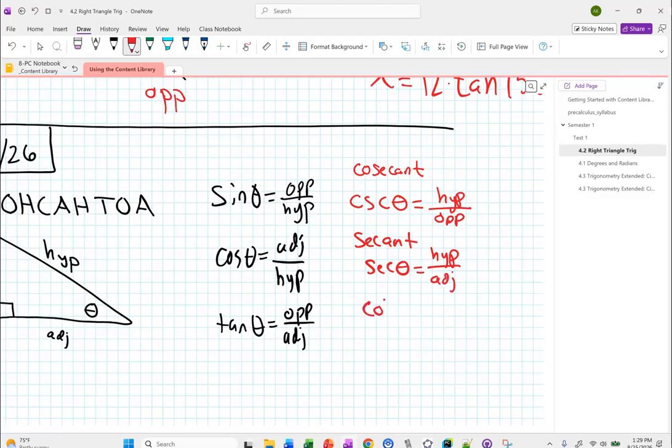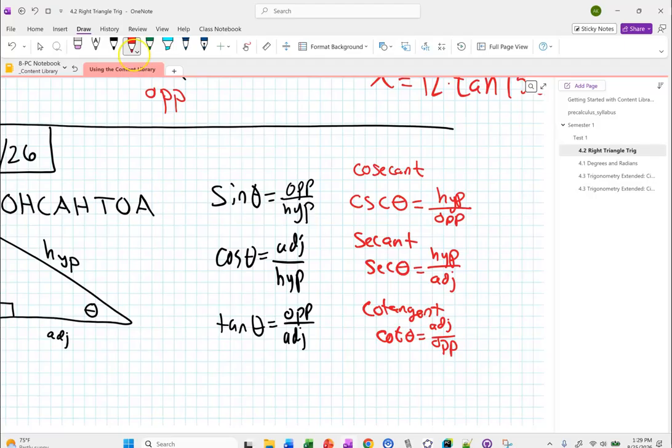And then we have cotangent, which is abbreviated as COT, which is adjacent over opposite. So there's actually going to be 6 trig ratios that we're going to worry about. There's sine, cosine, and tangent that everybody seemed to remember. And then there's these 3 new ones, cosecant, secant, and cotangent.